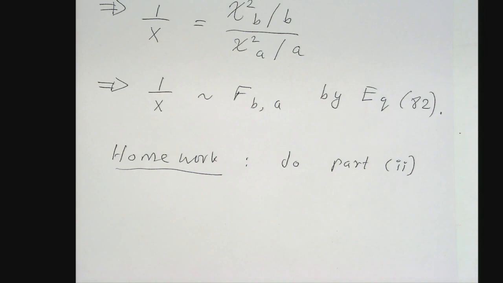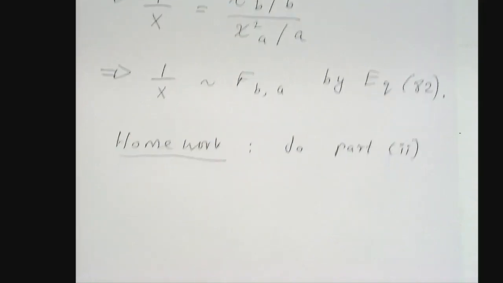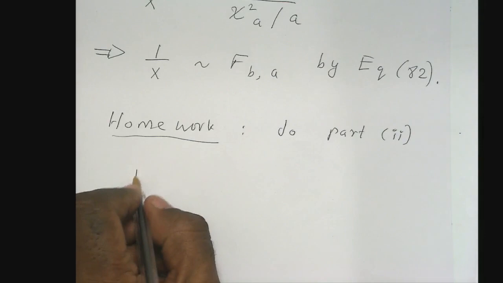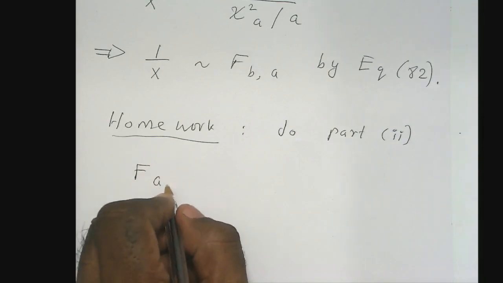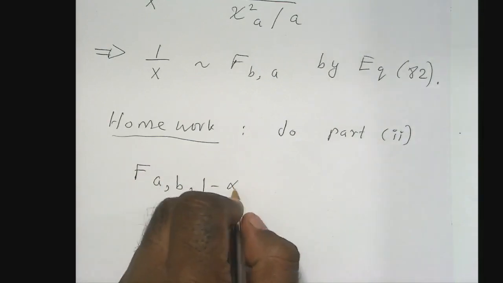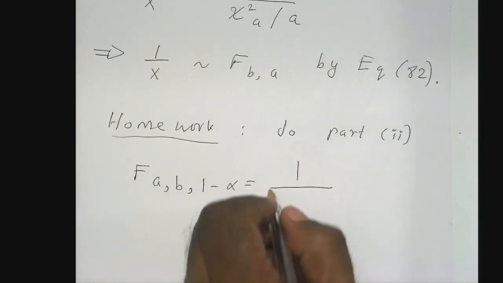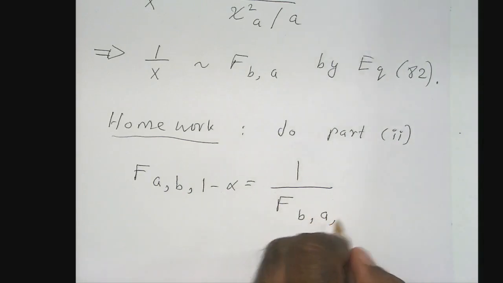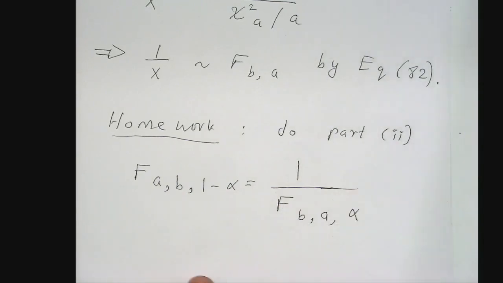Sorry, we want the alpha, 1 minus alpha. That's the percentile of the distribution. Basically, you need to show this.